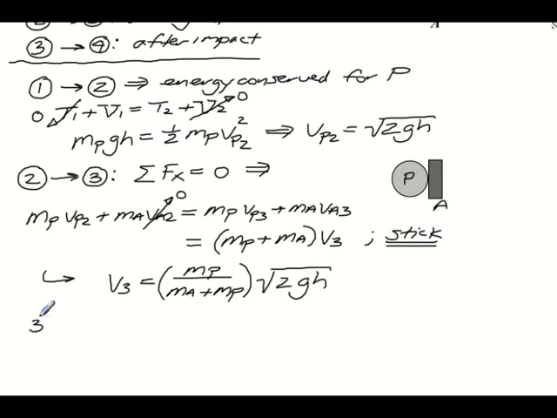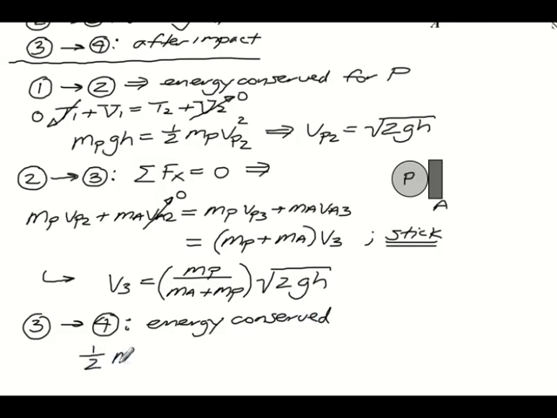Now between times 3 and 4, we're back to energy conserved. We couldn't do conservation of energy during impact because when impact occurs, energy is not conserved. But once we move through it, we can come back to it, and we can say that the kinetic energy before, which was 1/2 (m_A plus m_P) v3 squared, is equal to 1/2 k delta squared.